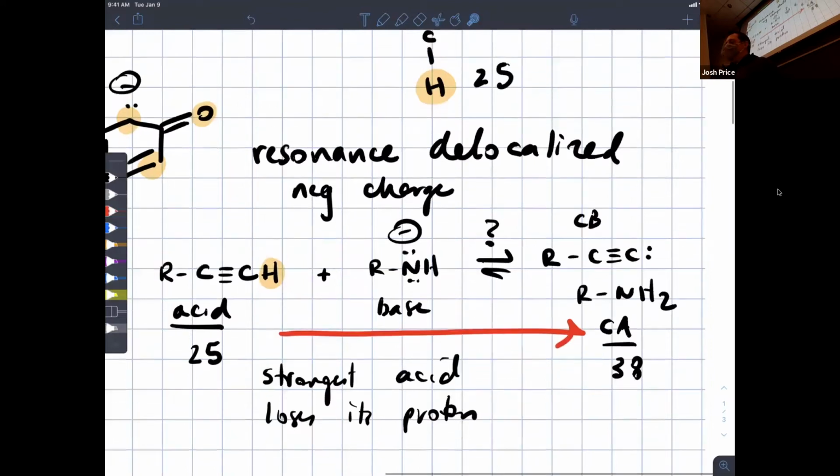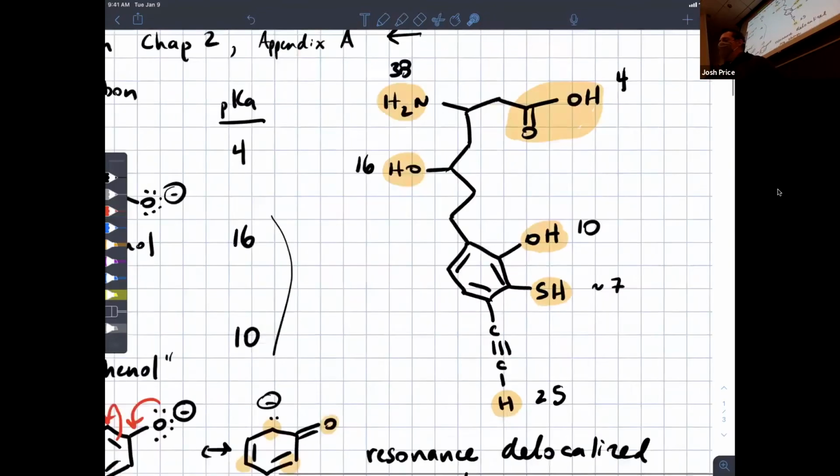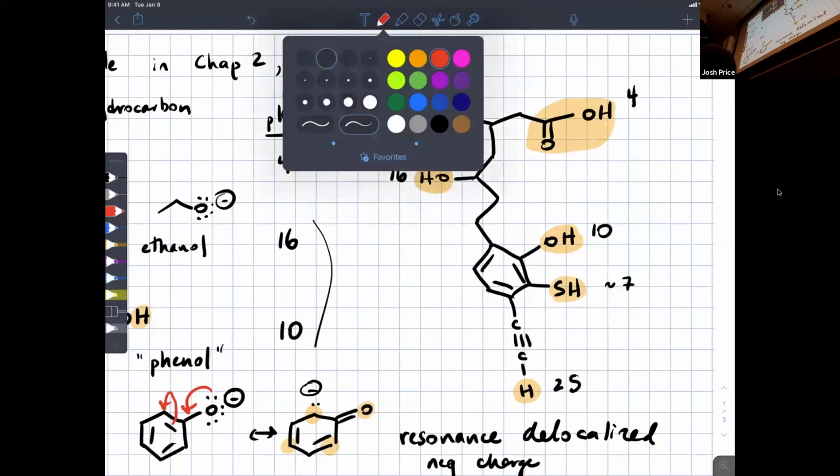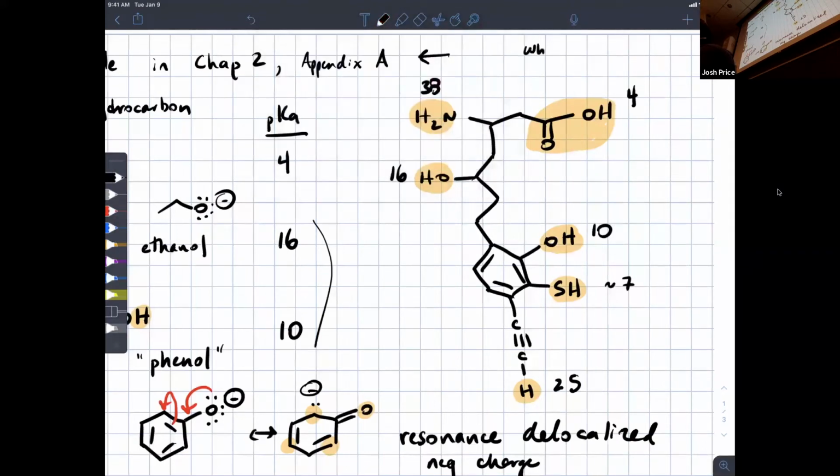Another way we could ask that question is, coming back to the molecule here, I could ask which protons would be mostly removed by a particular base. And let's choose an alkoxide.